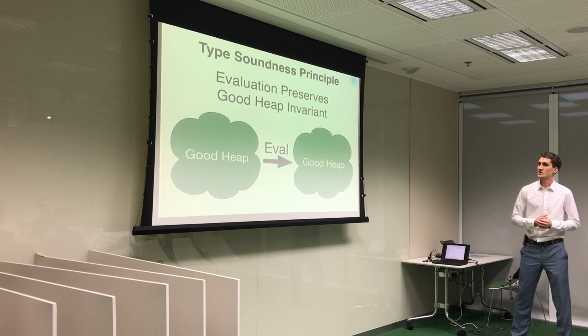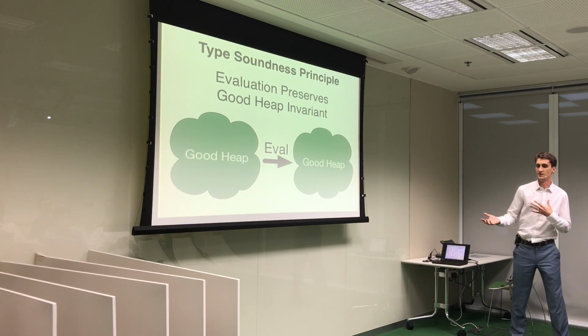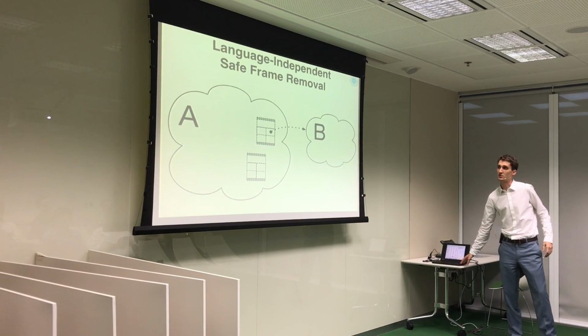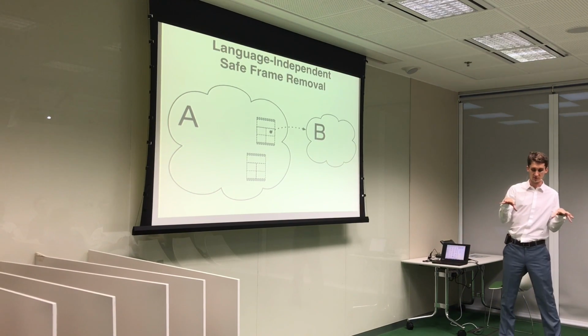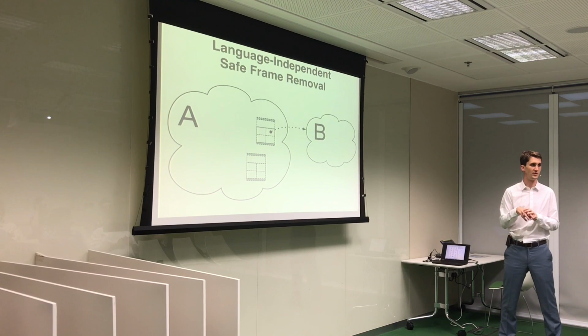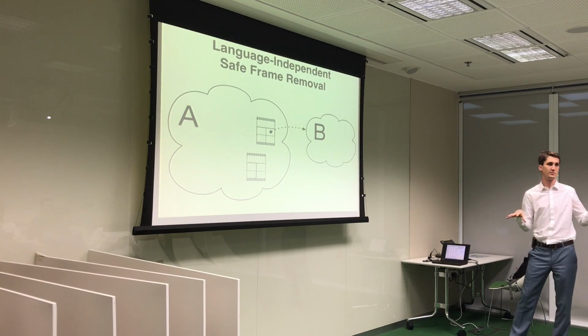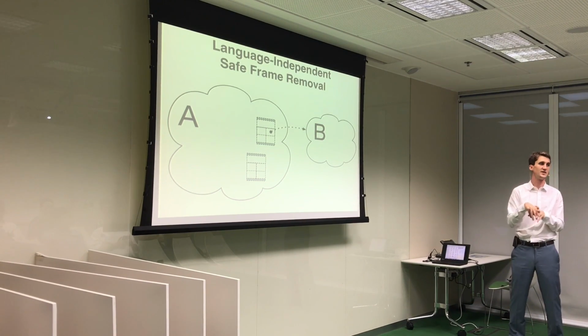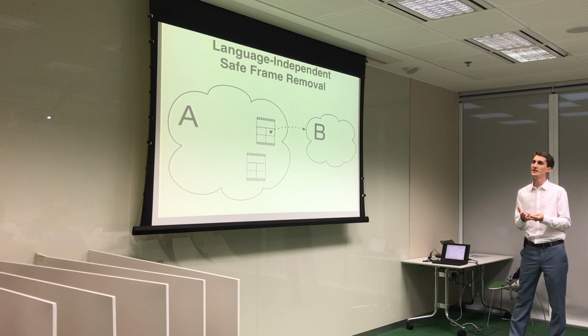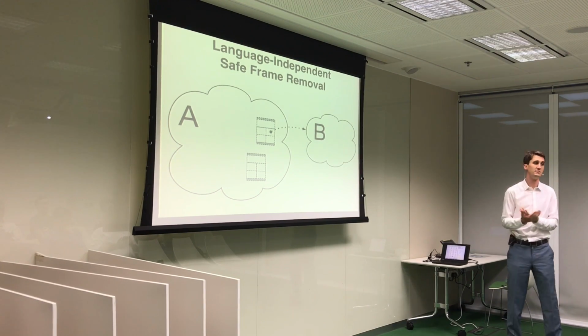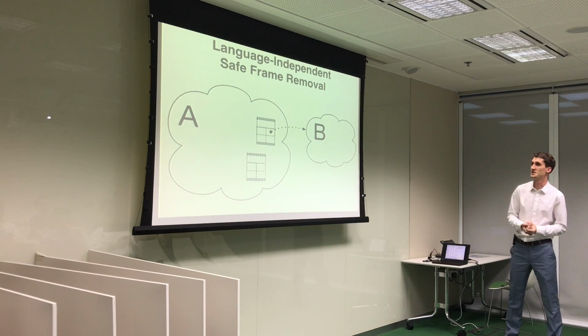The other idea is that you can also use this invariant to do garbage collection. So what I was saying is that at some point you have a view from your frame that corresponds to the view that you have from the graph, and everything that is not accessible from your current frame can simply be removed.